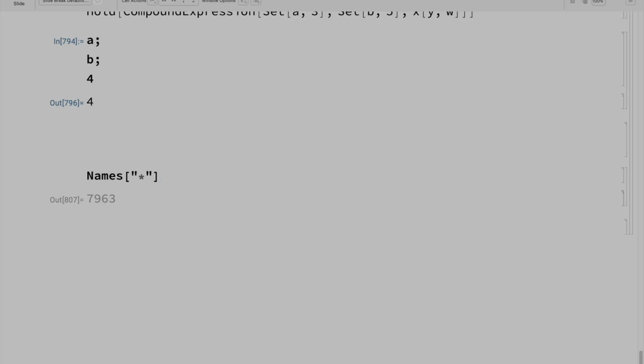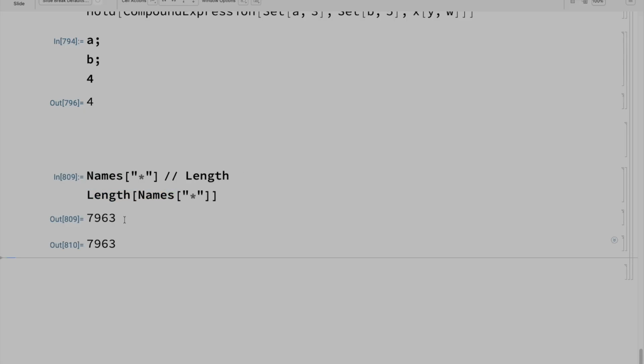There is, however, a form called postfix notation, and we do it by applying the syntactic sugar, the double slash, and then saying Length. So this is equivalent to the form before. If I type this or I type this, I get the same result.